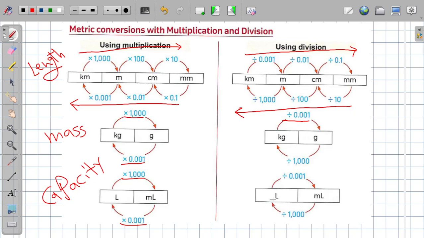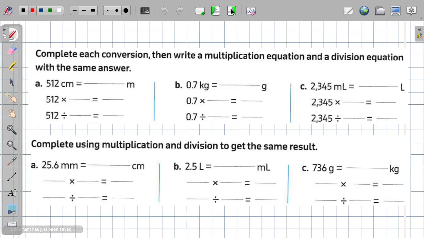Here, in the division operation, when we convert from liter to milliliter, we will divide by 1000th, and from milliliter to liter, we will divide by 1000. Okay? So, here I have conversion examples.